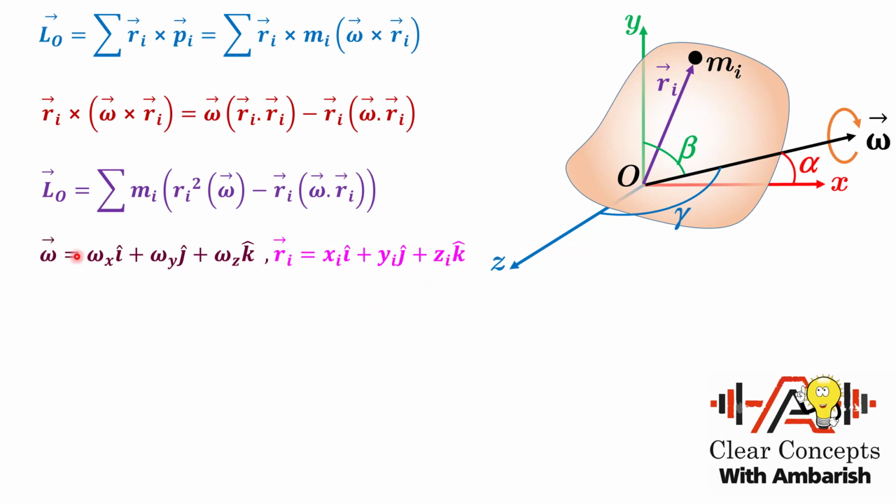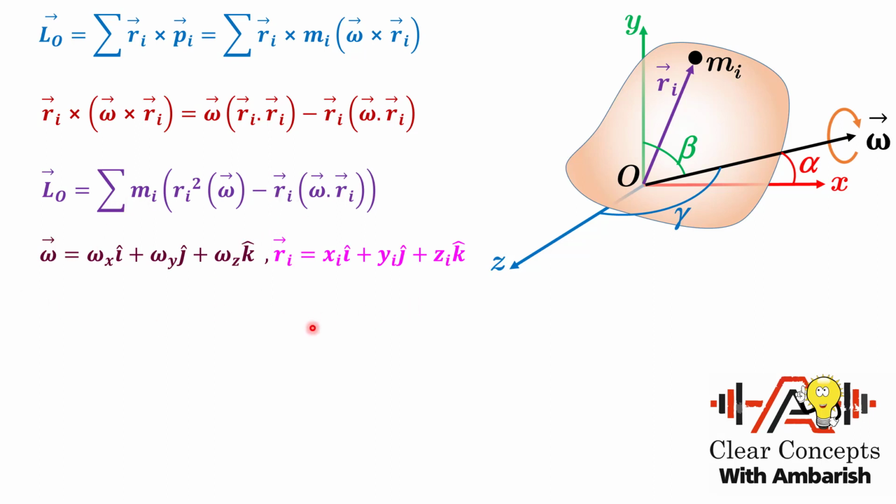Now you just put in omega over here and put in ri over here. So in principle you will get something out of it, right? And if you expand, you will get a very huge, mathematically complicated expression. I encourage you to do it by your own hands, but I am telling you that it's going to be a little boring exercise, because it's cumbersome, and you'll see the huge expression that you get upon expanding this.